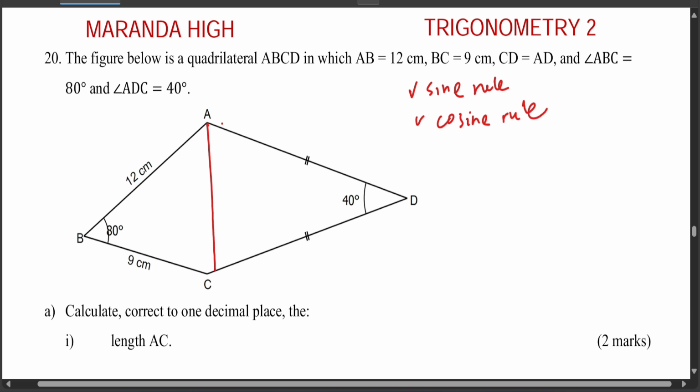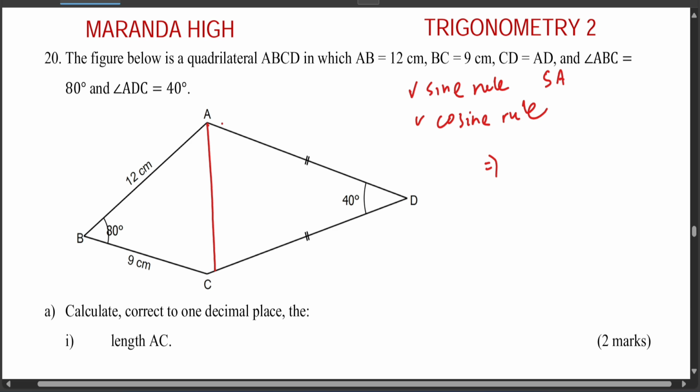For sine rule, you need to have a side with its opposite angle, which you don't have. Hakuna side and an opposite angle. Ukiona kuna angle but we don't have its side, so therefore we'll use cosine rule to calculate the length of AC.